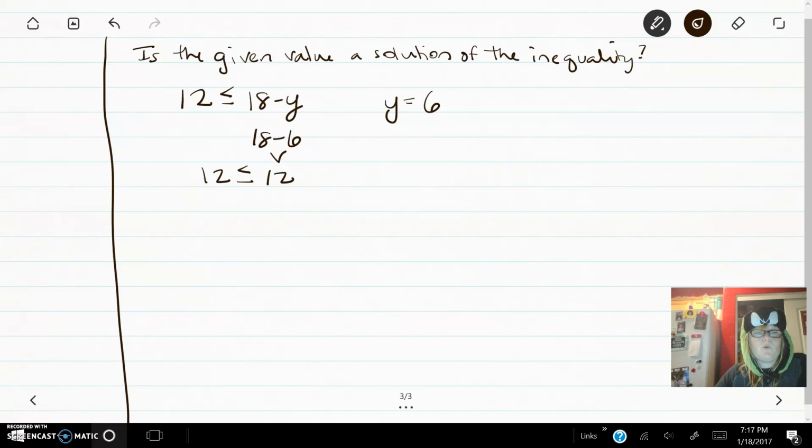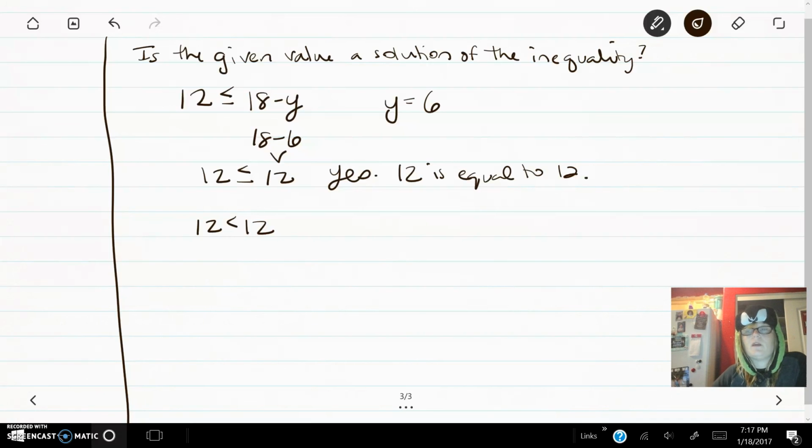So is 12 less than or equal to 12? Well, yes, 12 is equal to 12. Now if this line was not there, that wouldn't be true, because 12 is not less than 12. But that little underline, the half of an equal sign, makes all the difference.